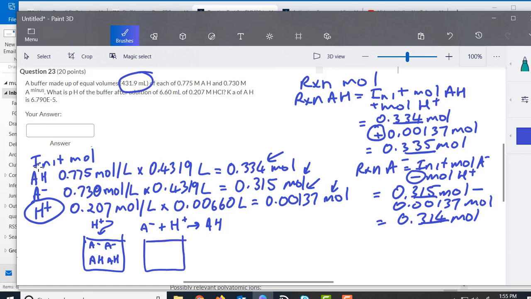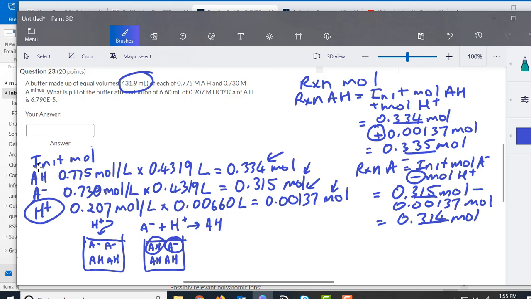The net effect is that for every mole of H plus we add, we'll end up removing the moles of A minus, and you'll notice that also the moles of AH end up going up. So the A minus goes down, the AH goes up.